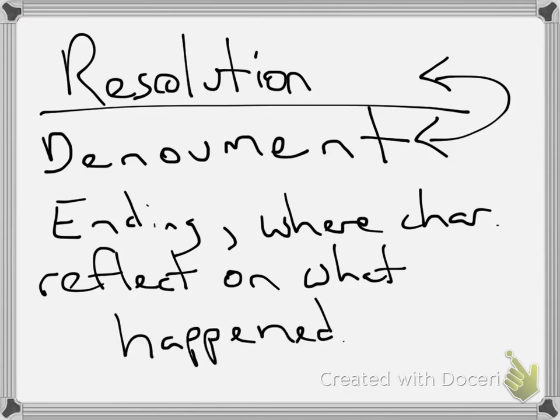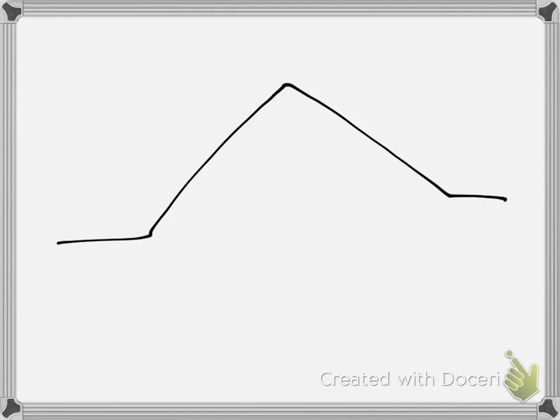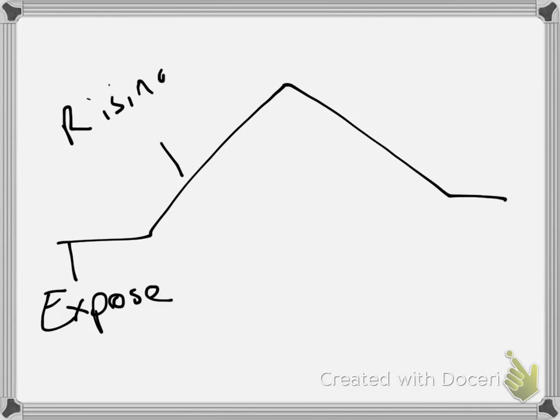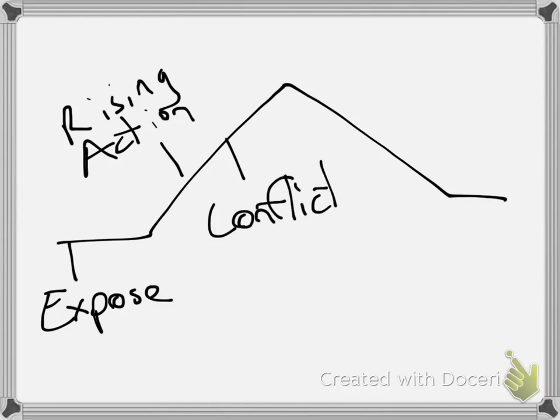Alright. So, one more time. What we've discussed today is we did a basic plot structure. So once again, starts with exposition, expose, that's where all the basic information comes from. Your rising action, where the problem begins to present itself. Your conflict, where you learn the major problem.